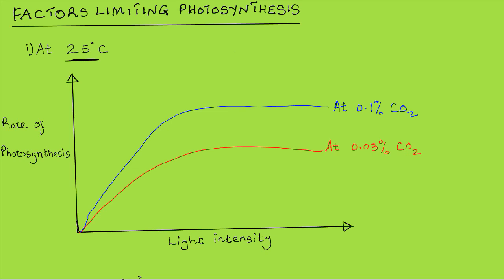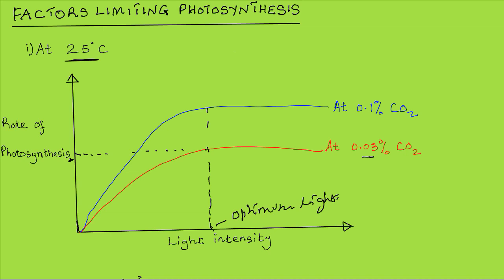So at a constant temperature of 25 degrees C, if we vary the CO2 level, if we increase the CO2 level, as long as light intensity is not limiting, that is, the light intensity is at its optimum, then we expect the rate of photosynthesis to also increase, because at 0.03% and with light intensity at its optimum and temperature at 25 degrees C, this low 0.03% carbon dioxide will limit the rate of photosynthesis to this point here.